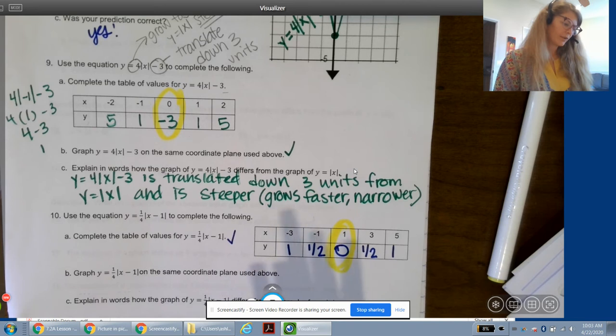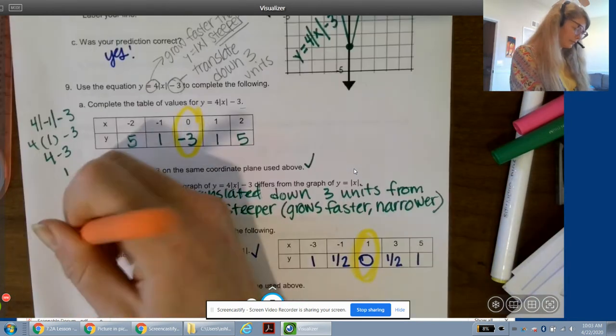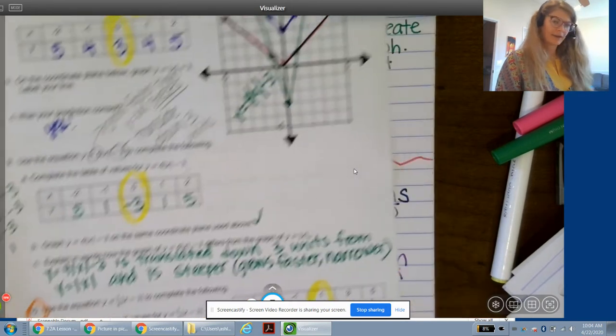So, where were we? Oh yeah, we were going to graph this. I'm going to use orange just so it stands out a little bit.